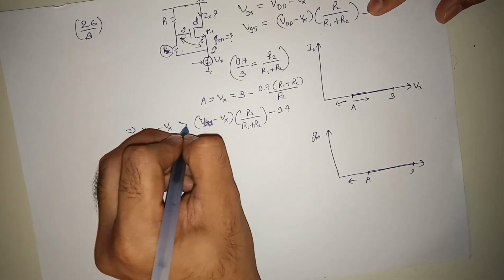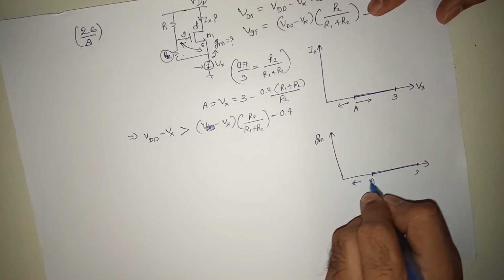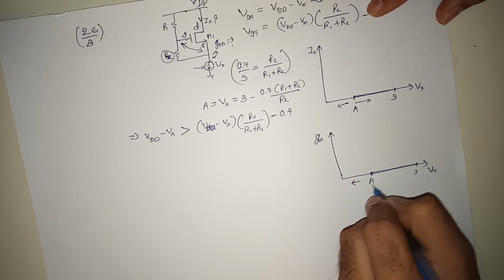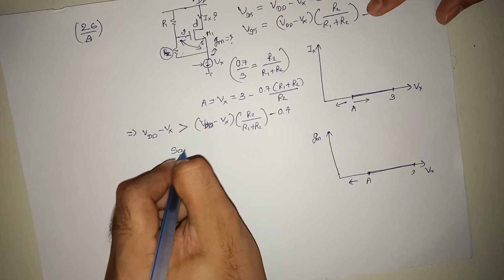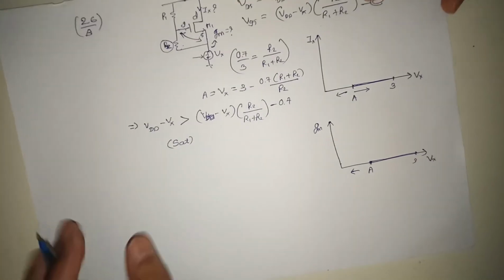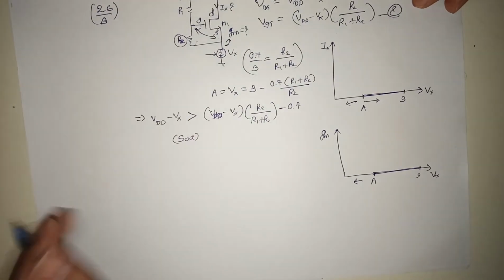So again, if you see, this will always be higher. So below this point, I mean for values of Vx below point A, that is always the saturation condition for M1, at least for this equation.